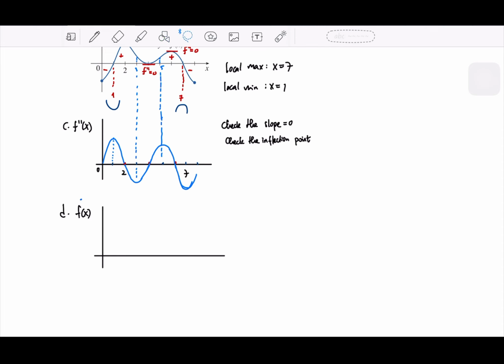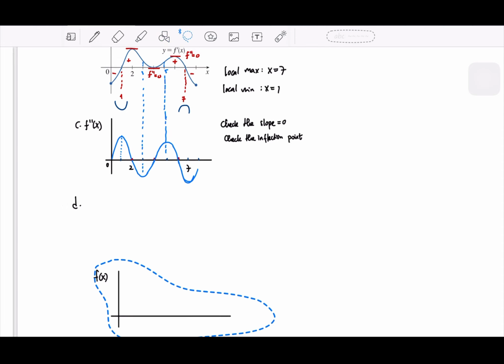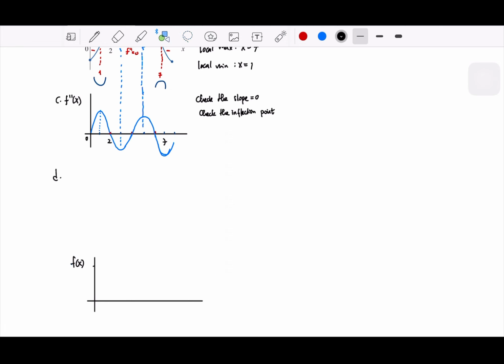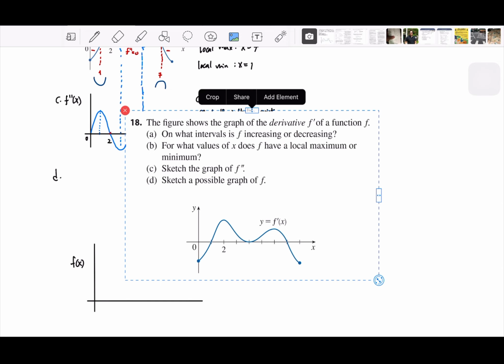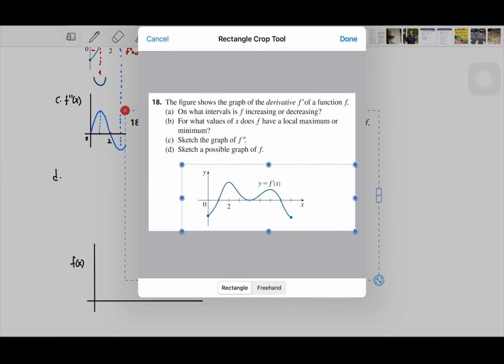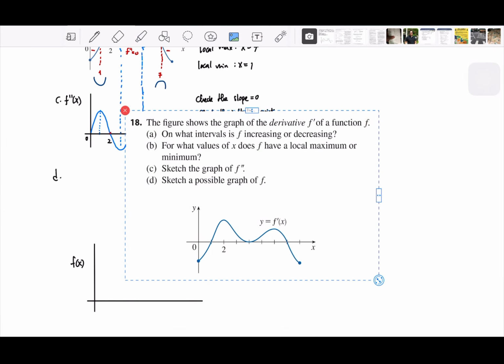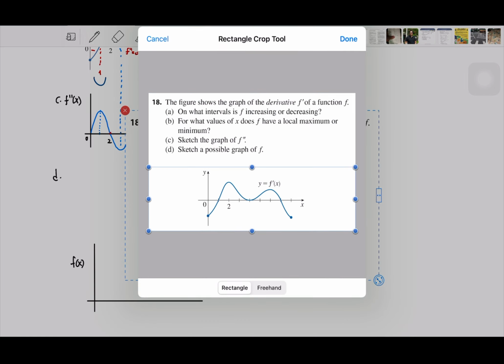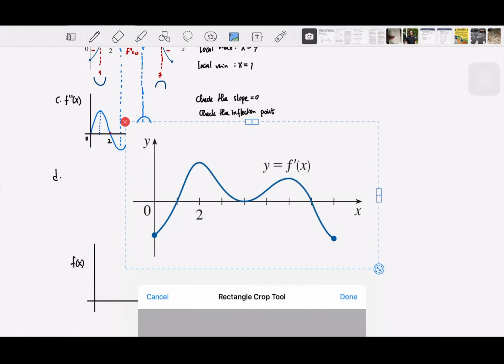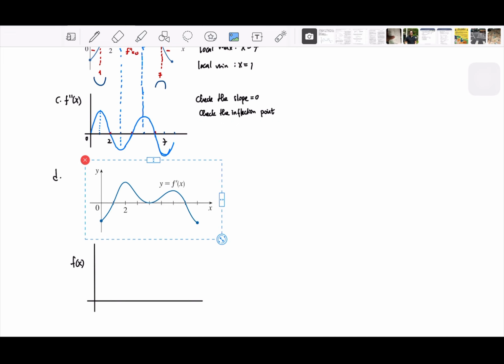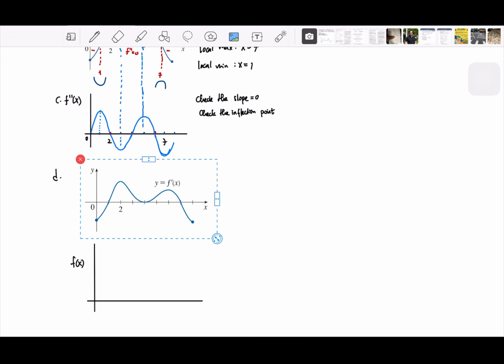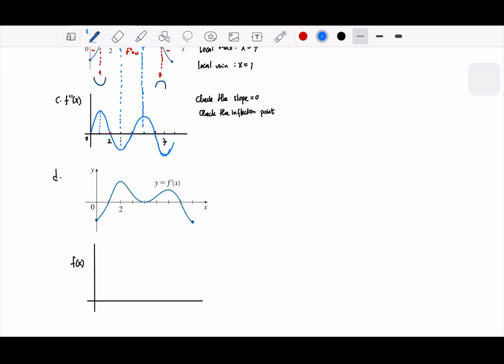Maybe let me put this a little bit down here, put some graph to see. Sorry. One, two, three, 4, 5, 6, 7, 8.